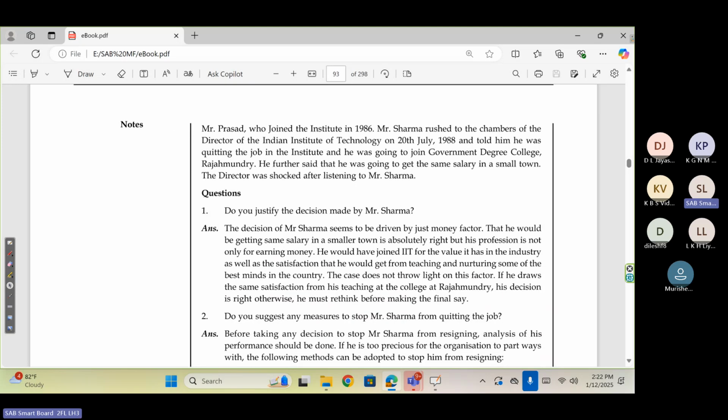If you say Sharma has only considered the money factor, the monetary terms, then it is okay, because he would be getting the same salary in a small town. Absolutely, the decision is right. But such a decision is not about the salary. It should be made looking at the whole profession.